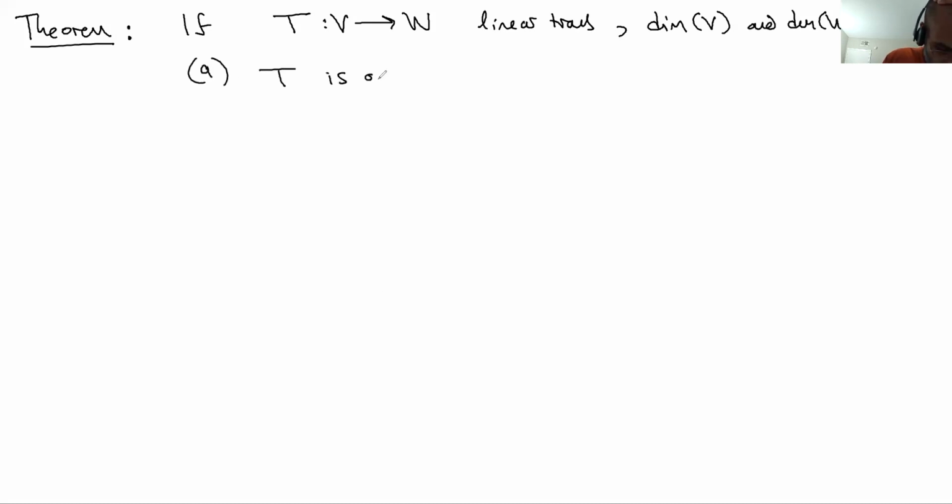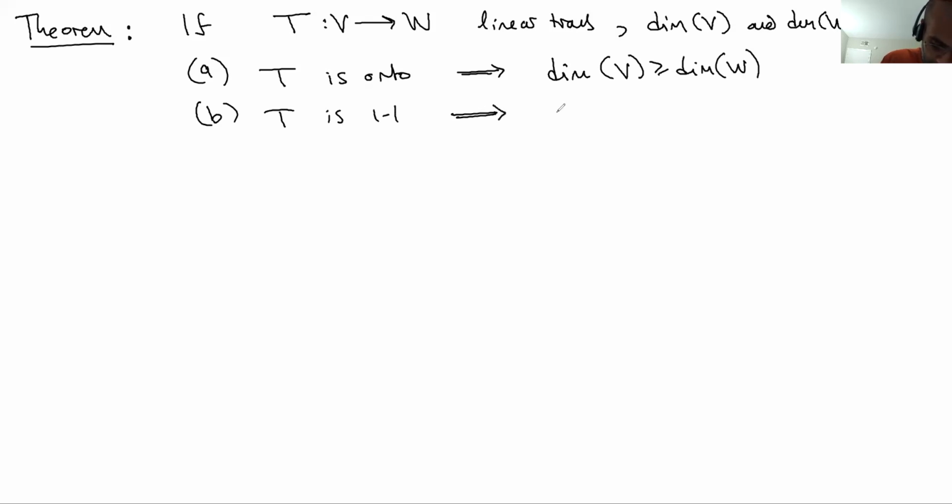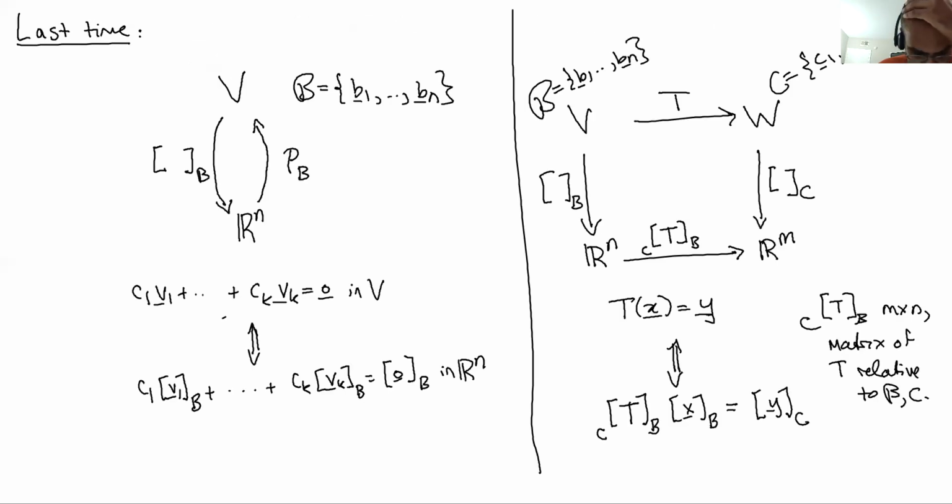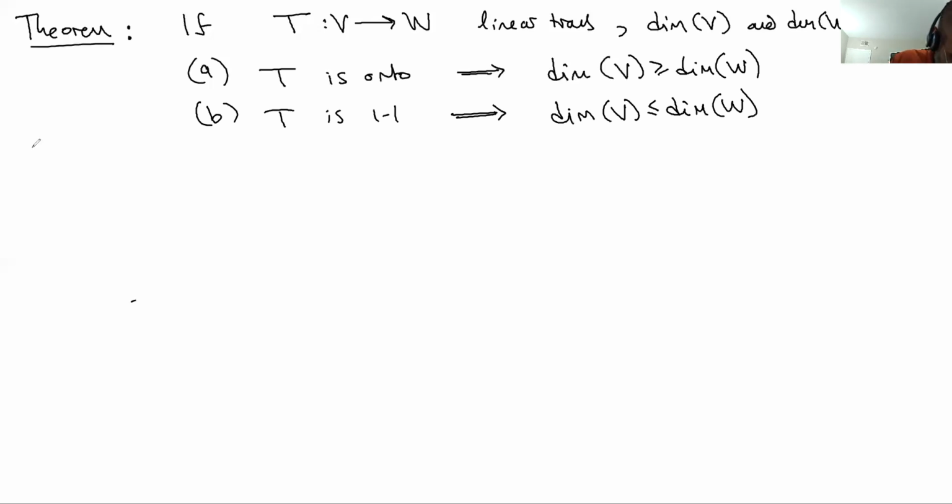If T is onto, then the dimension of V has to be at least the dimension of W. And if T is 1-to-1, then the dimension of V is at most the dimension of W. So this may look familiar because we proved a theorem like this about matrices. But now I'm going to prove the theorem about any linear transformation using this correspondence on the previous page. So let's see the proof.